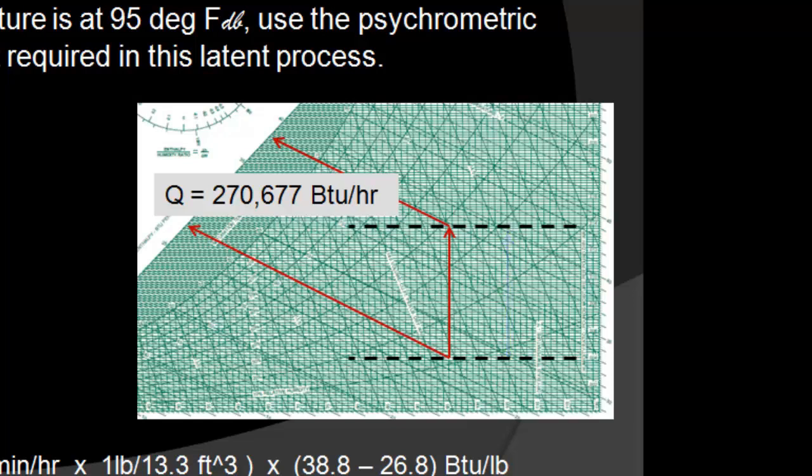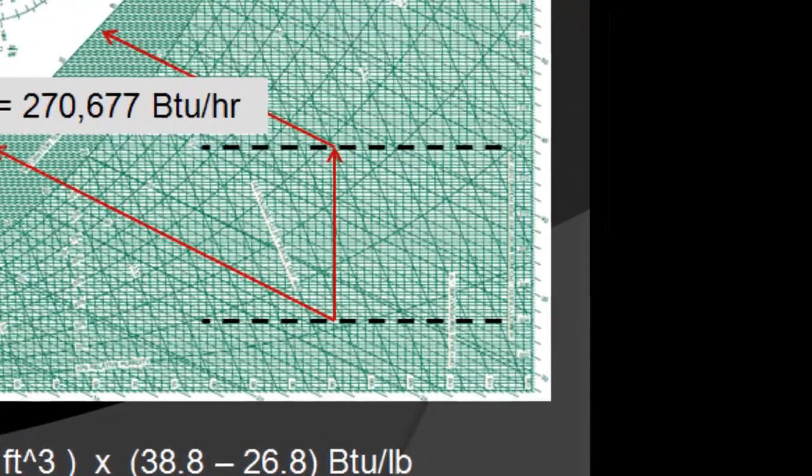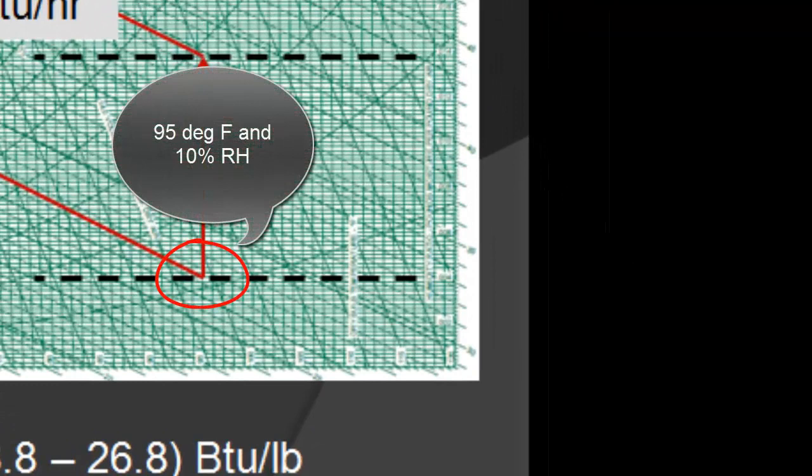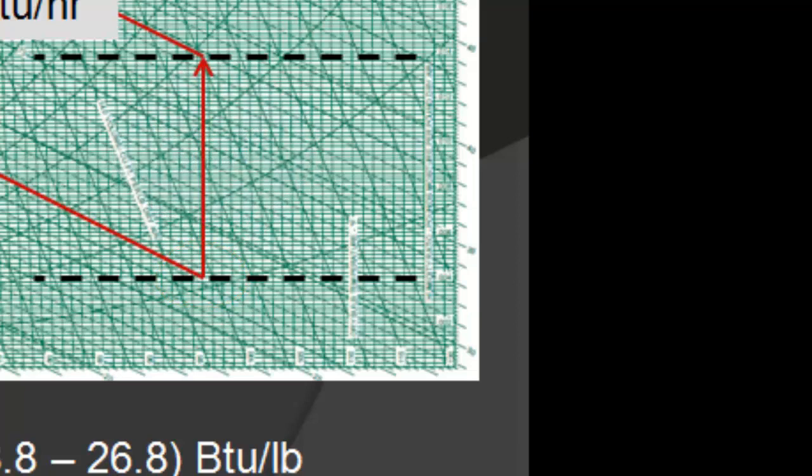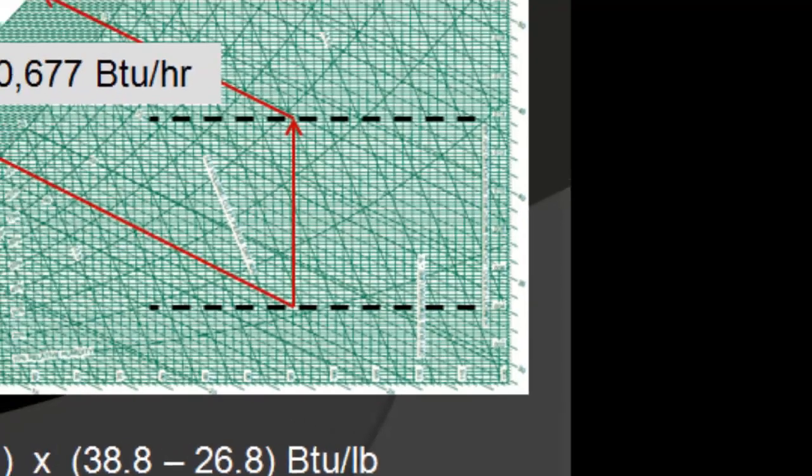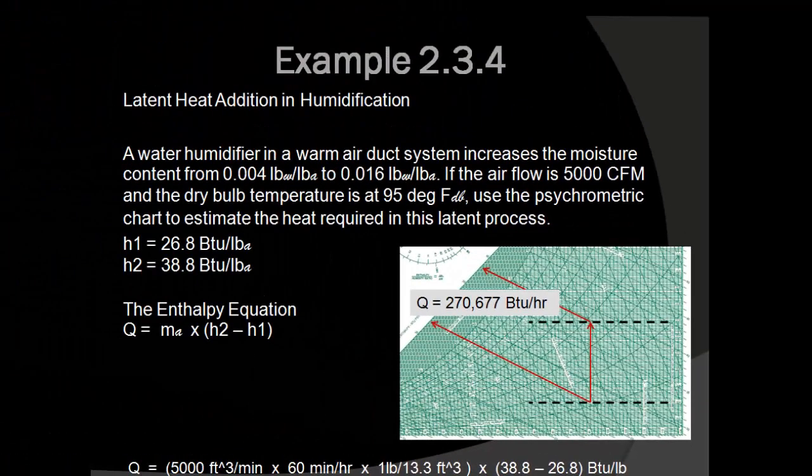The psychrometric chart shows that conditions of winter air may have very low humidity, which is probably too low for comfort conditions. Therefore, humidification is a common air conditioning process useful for colder climates and heating applications. The following example demonstrates the latent heat process.